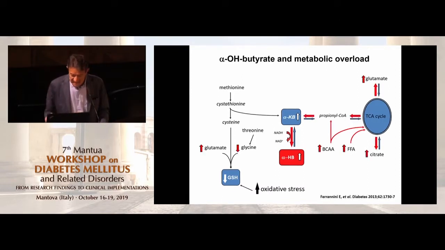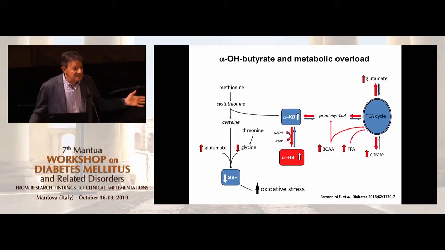In addition to that, there is also the concept, which is increasingly well supported by physiology and biology, of substrate overload. We know that particularly in the insulin-resistant and obese person, there is an increased concentration of branched-chain amino acids, free fatty acids, which overload the capacity of the mitochondrion, of the TCA cycle, to oxidize these substrates.